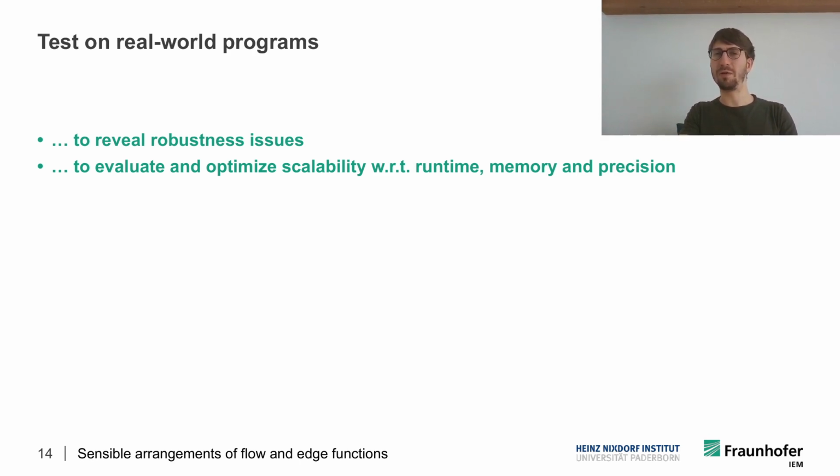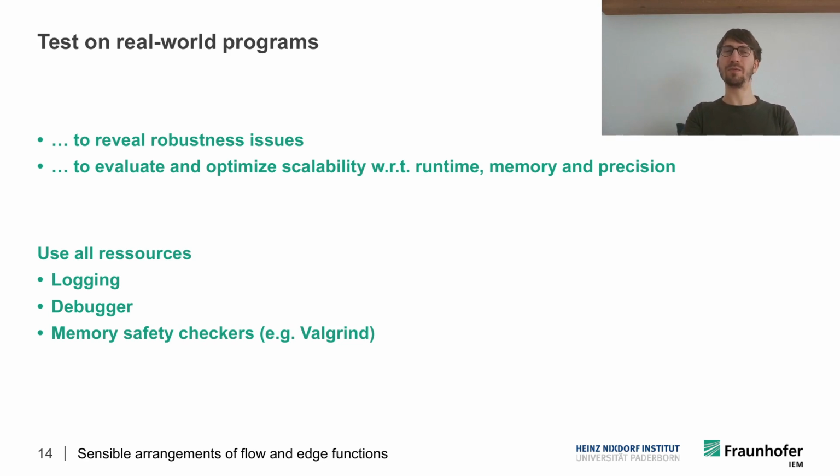And then later on, when those work as expected, you might want to proceed to larger open source tools. In the past, we, for example, also ran our own analyses onto the framework, the PhASAR framework itself, just to see how the analysis handles itself, basically. That's a fun thing to do at some point.